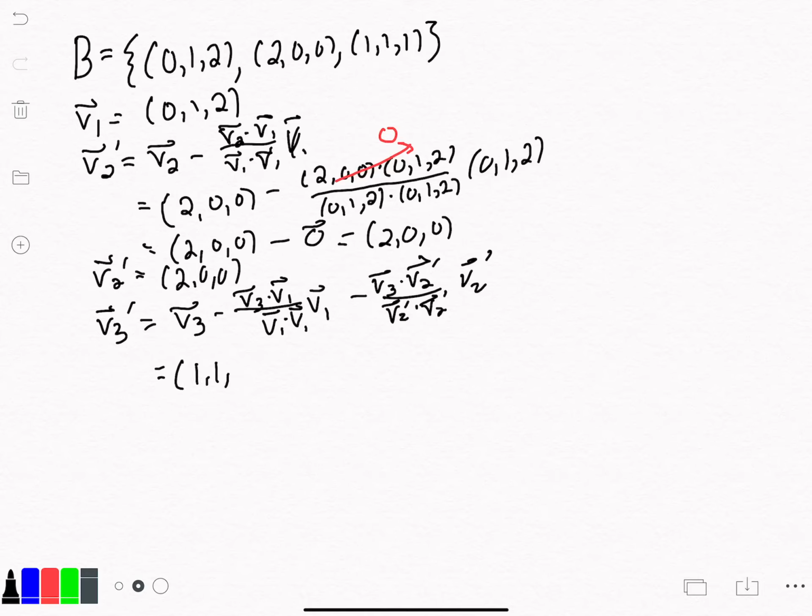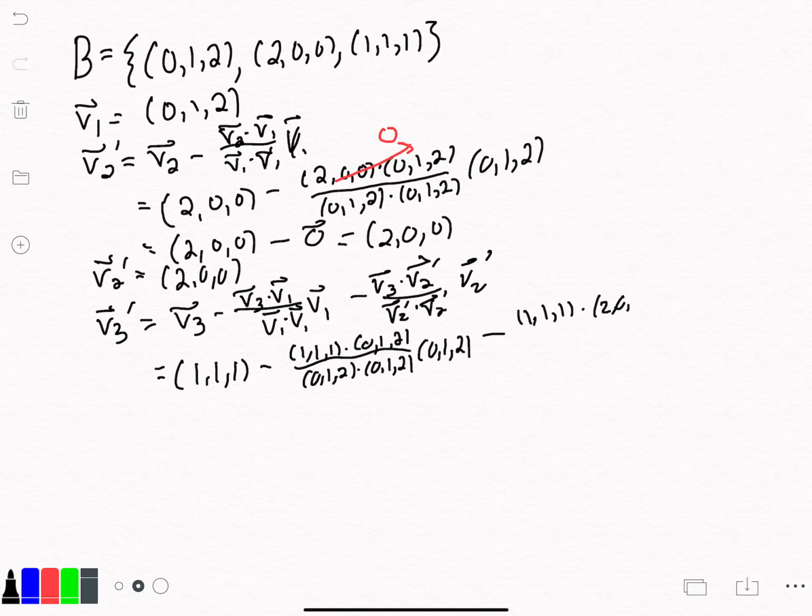And so it's going to be (1, 1, 1) minus (1, 1, 1) dot (0, 1, 2) over (0, 1, 2) dot (0, 1, 2) times (0, 1, 2), and then minus (1, 1, 1) dot (2, 0, 0) over (2, 0, 0) dot (2, 0, 0) times (2, 0, 0).